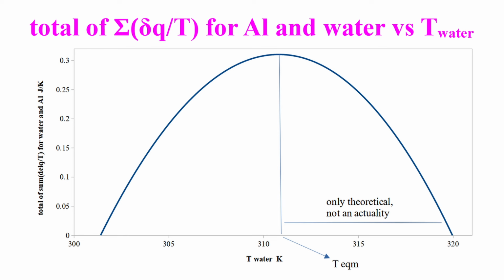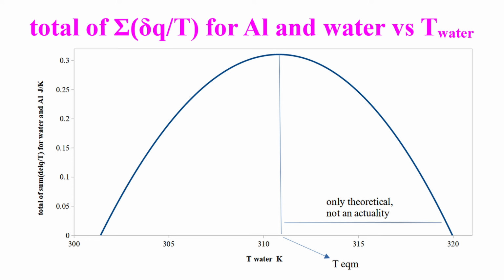T water is arbitrarily chosen here, and T aluminum is an equally valid choice also. It can be observed that this total keeps increasing from the initial temperature to the equilibrium temperature, reaches a maximum at the equilibrium temperature, and then keeps decreasing.